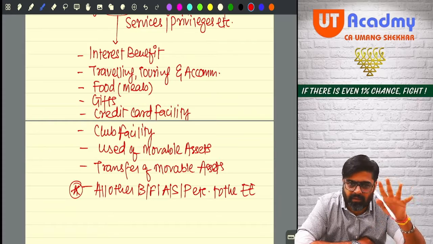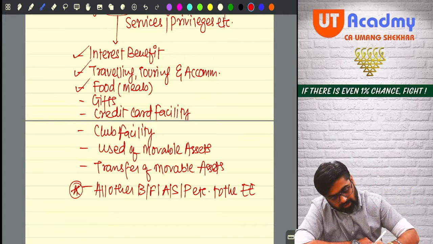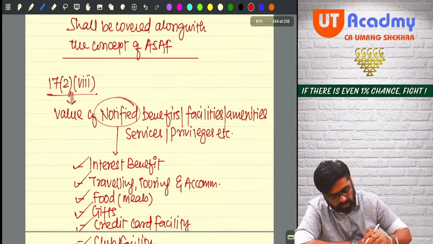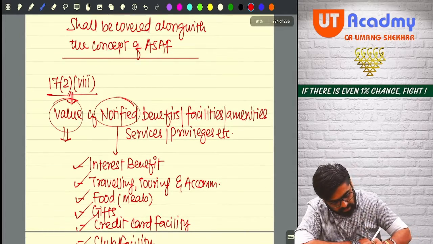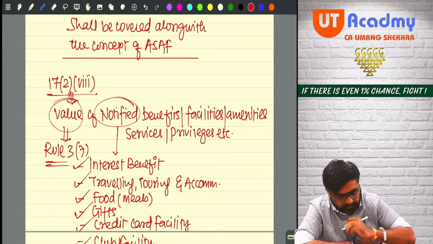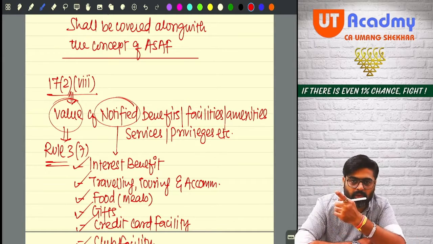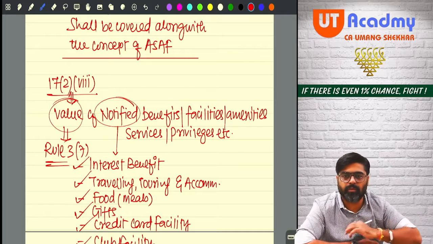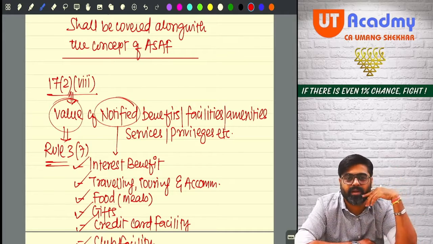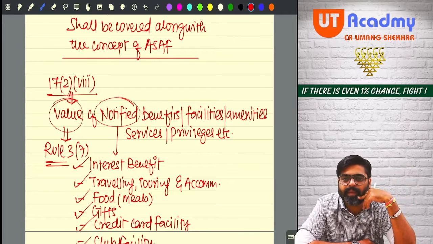Getting my point? Now, the value of each such benefit you are supposed to calculate. And this value will be calculated as per rule 3 sub rule 7. As per this rule, the value of all these benefits will be calculated. And that value will now be taxable in your hands under the head salary.